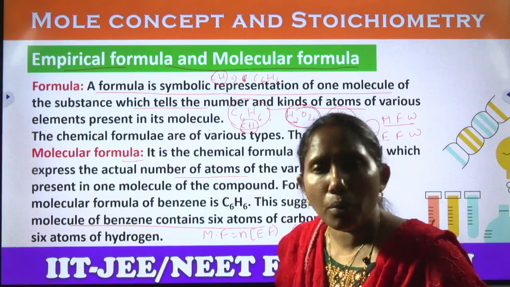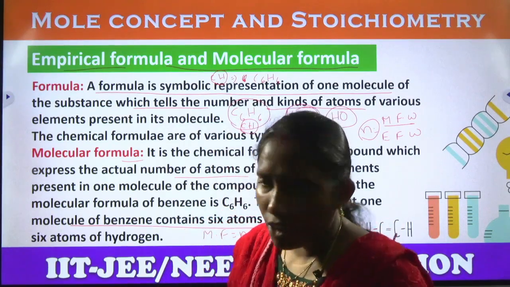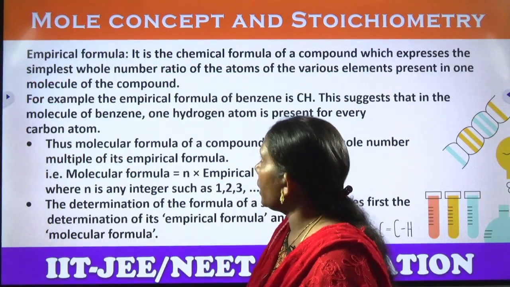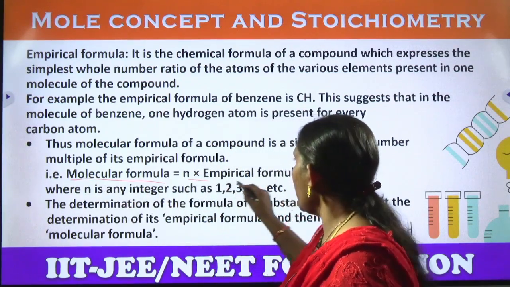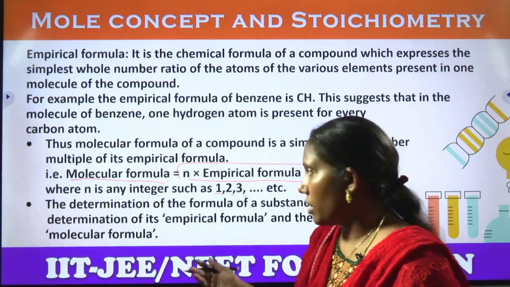If you take example 1, then you will understand how to calculate the empirical formula and molecular formula. Let us see one problem here. The molecular formula equals N into empirical formula, and this N can be 1, 2, 3, that depends, right?